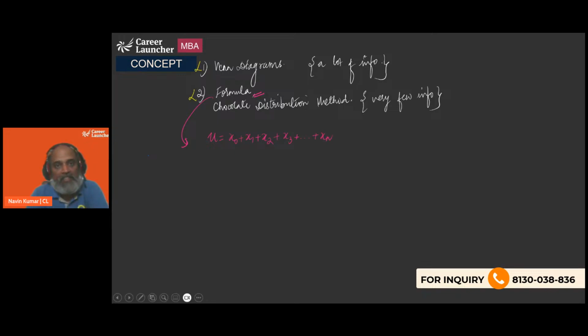Basically, if there are n sets, universal is given as the sum of all the regions, where xi denotes the region which is in exactly i sets. Also, the sum of the sets, let's say first set, second set, and so on, up to the nth set, is given as 1 times x1 plus 2 times x2 plus 3 times x3 and so on, plus n times xn, where xi obviously denotes the region which exists in exactly i sets.